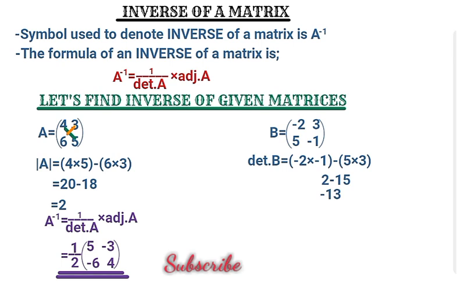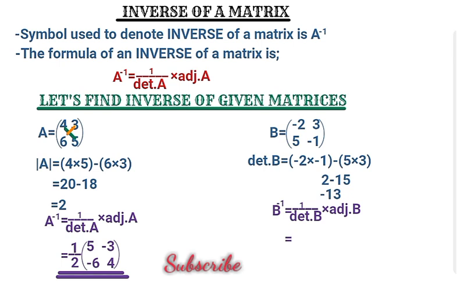The next thing we're going to do is find the inverse of this matrix. So as usual, I'm going to write inverse of B is equal to 1 over determinant of B multiplied by adjoint of B. So inverse is equal to 1 over determinant of B times adjoint of B. Now let's go ahead and solve this one.